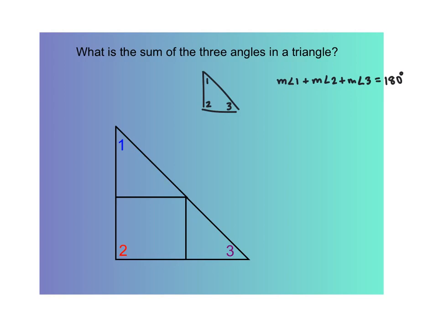So if I were to take angle 1, right, I'm going to label this angle 1. I can't move that, but I'm going to try to do it here. I'm going to take angle 2 that looks like it's about a 90, and I'm going to put it right here. Let's say it's 90, just for the sake of the problem.